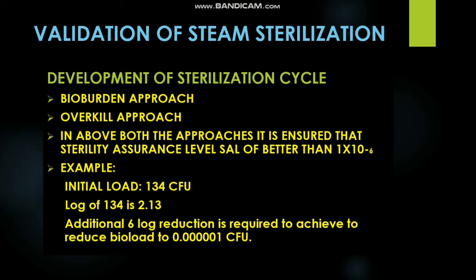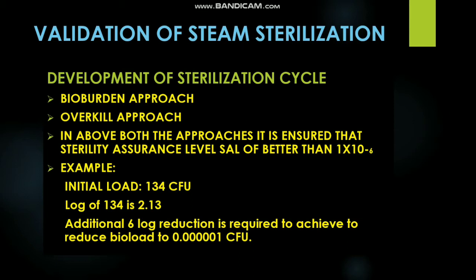Let us take one example to understand all this. Let us suppose that 134 CFU is the initial load. Then we need to calculate the log of this, so the log of 134 will be 2.13. Additional 6 log reduction is required. Why is 6 log reduction required?